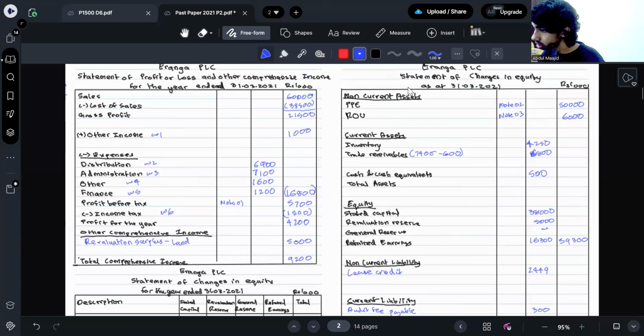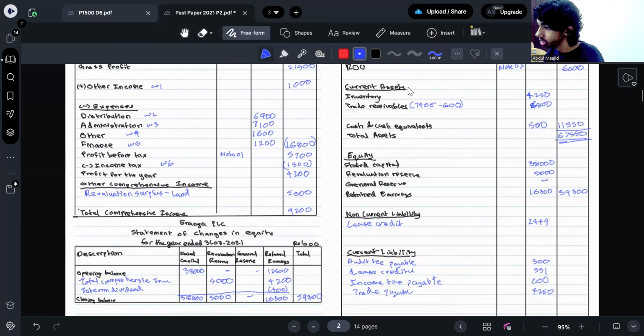Then we can total our current assets 4,250 plus 6,800 plus 500, that is 11,550. If you add it with your non-current assets 50,000 plus 6,000 plus 11,550, 67,550. 67,550 will be your total asset.